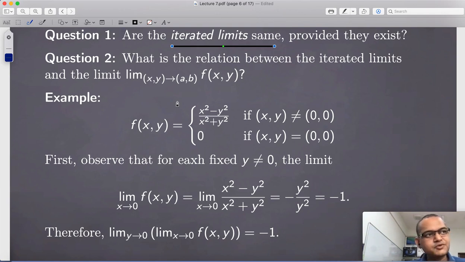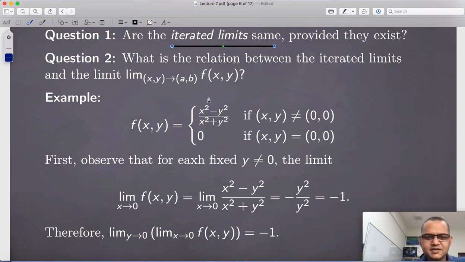Can we say that if this limit exists then the other two exist, or something like that? All combinations you have to work out, and here I am just going to discuss a couple of examples which will give you a glimpse of what kind of questions you need to ask and how to address them.